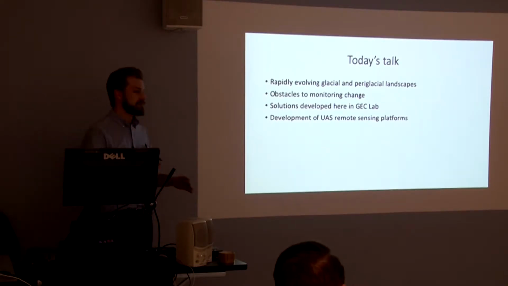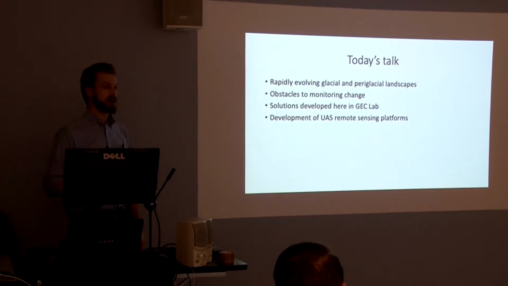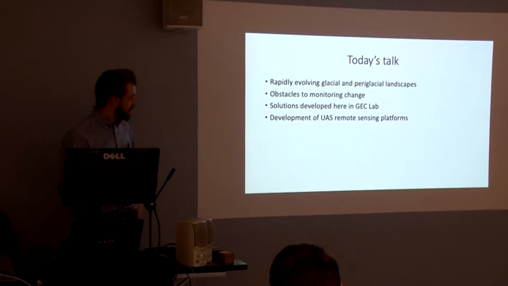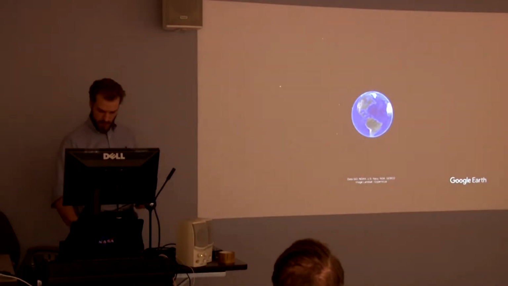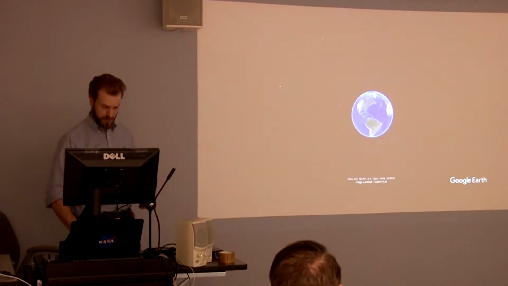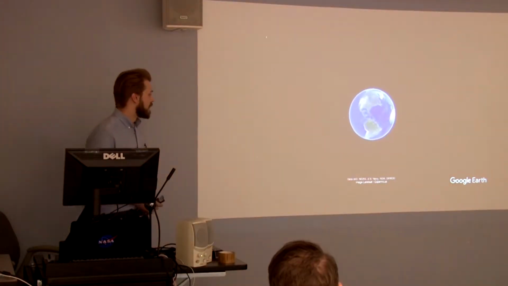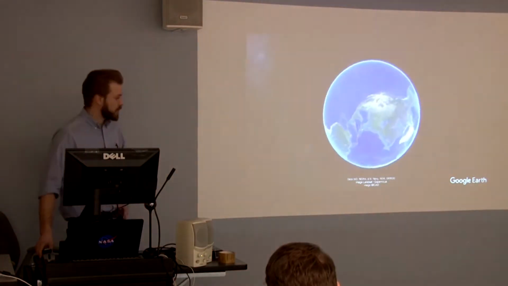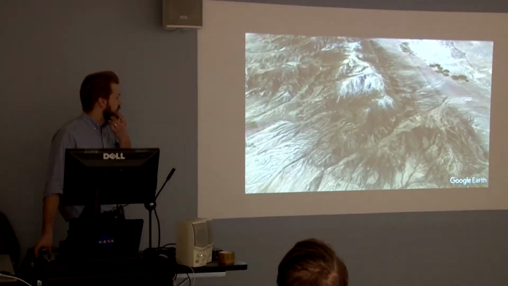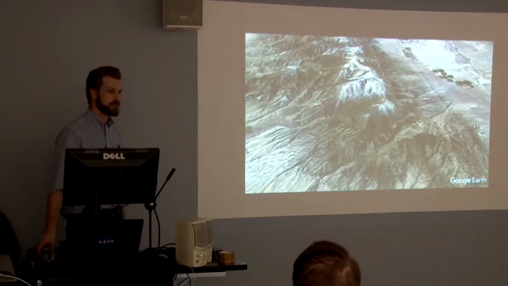This whole mission began with a trip out to Great Basin National Park in Nevada. And if this will work, I will show you where that's at. Hopefully you don't get dizzy. So Great Basin National Park is out there in the Great Basin region of Nevada, along the border of Utah.